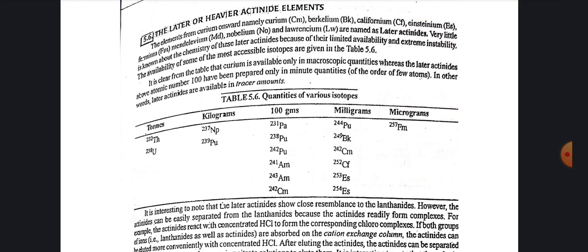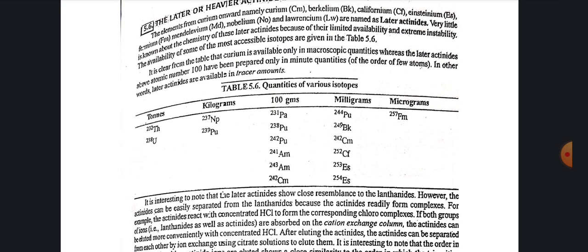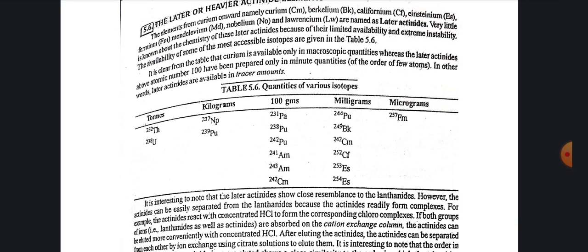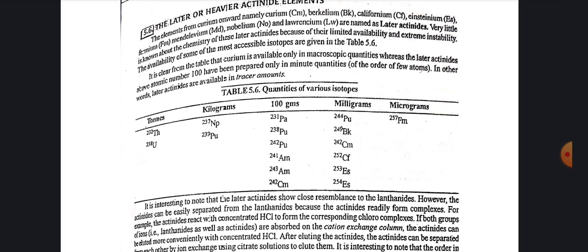The later or heavier actinide elements, the elements from curium onward, namely curium, berkelium, californium, einsteinium, fermium, mendelevium, nobelium, and lawrencium. Very little is known about the chemistry of these later actinides because of their limited availability and extreme instability.